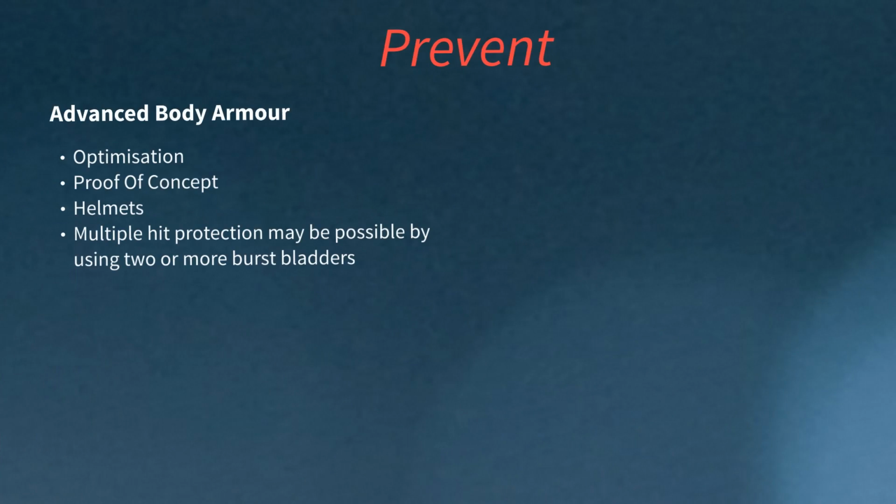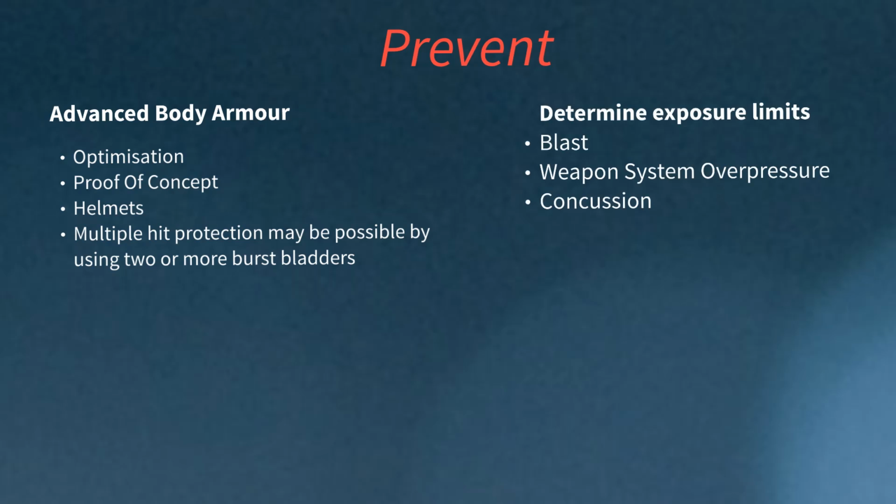Prevention: we would optimise the advanced body armour, conduct proof of concept testing including helmets, and even test for multi-hit protection using 2 or more burst bladders in the armour. We'd also determine exposure limits for blast, weapon system overpressure and concussion, including return to play.